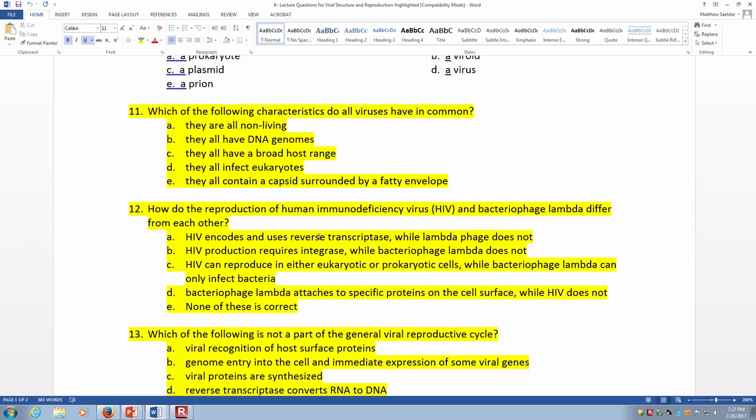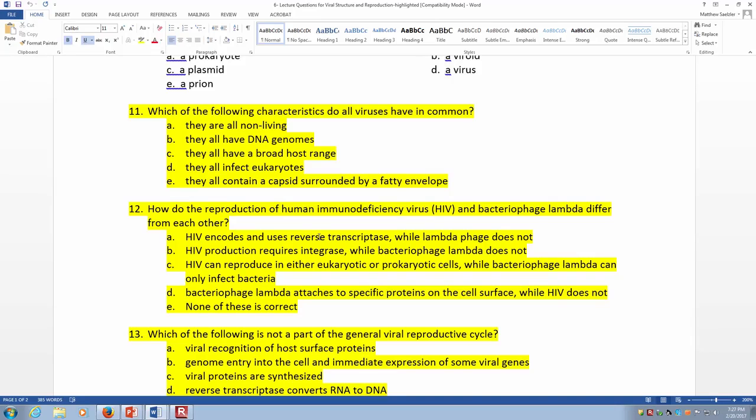So number 12, how do the reproduction of HIV and bacteriophage lambda differ from each other? Right, so HIV encodes reverse transcriptase, while lambda phage does not. And what's the role of reverse transcriptase for HIV? Turn the RNA genome into DNA that it needs to produce.